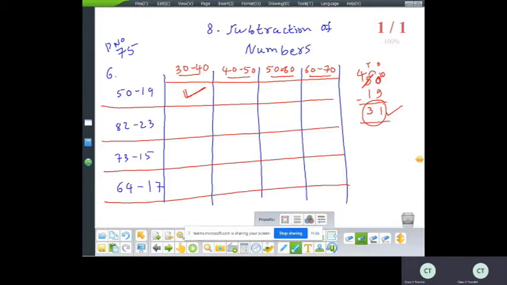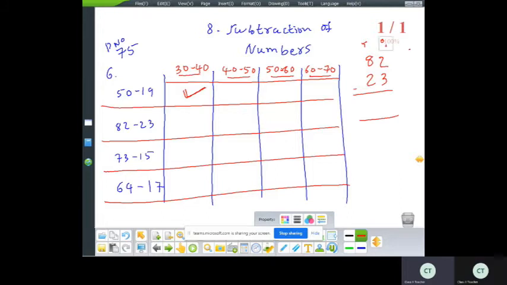Now, next one, subtraction of 82 minus 23. These are ones, these are tens. Now subtraction in ones. The digits in ones place are 2 and 3.